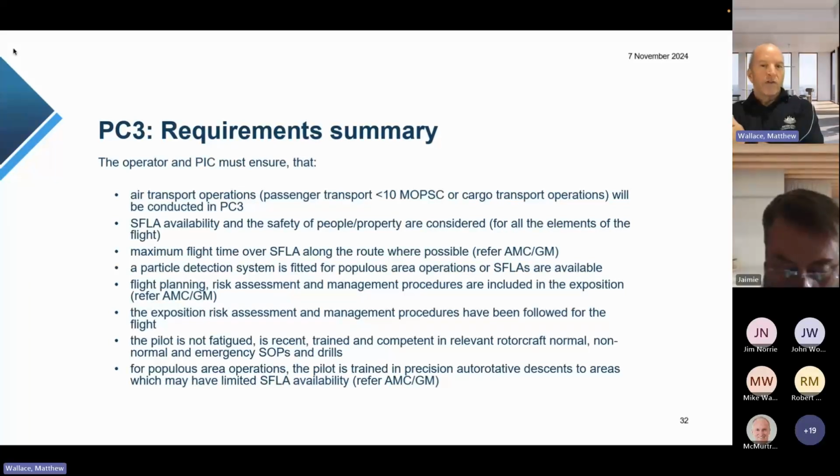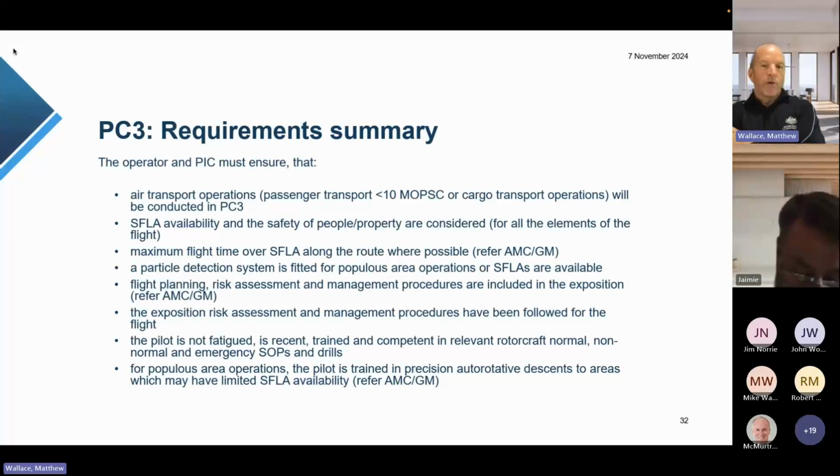A particle detection system is fitted for populous area operations, or you have a suitable forced landing area available. Flight planning and risk assessment and management procedures are included in your exposition. The exposition risk assessment and management procedures have been followed for the flight. The pilot is not fatigued, obviously, but is trained and competent in relevant aircraft, normal, non-normal and emergency procedures and drills.